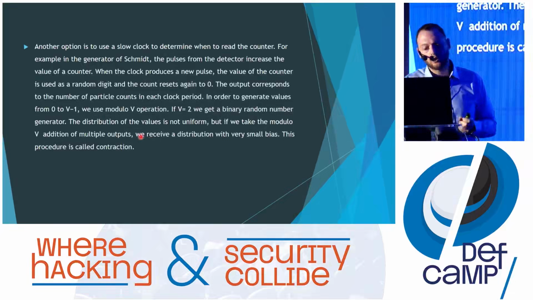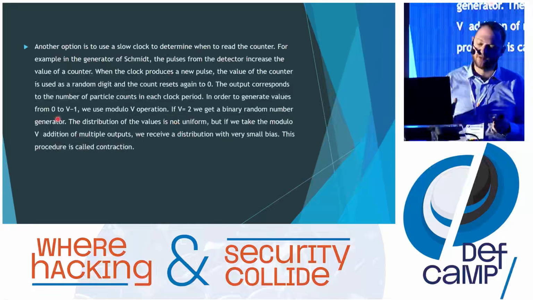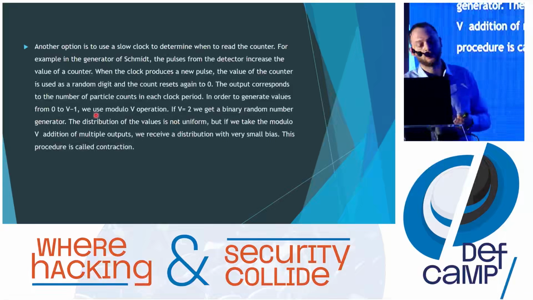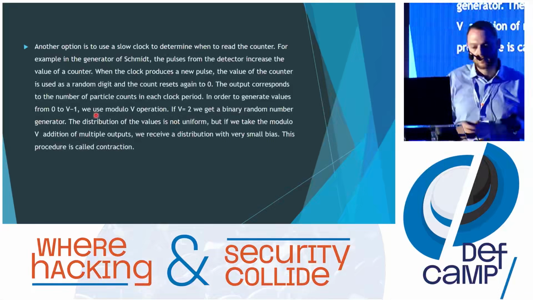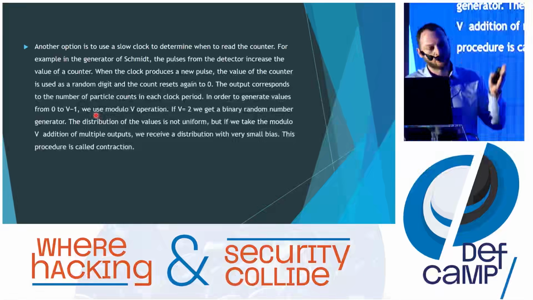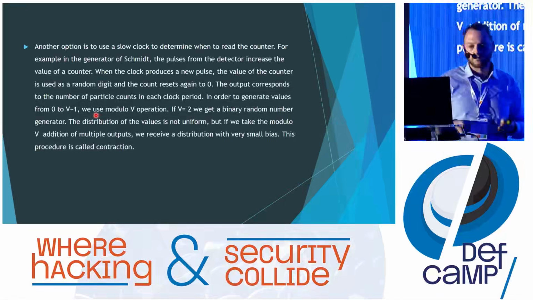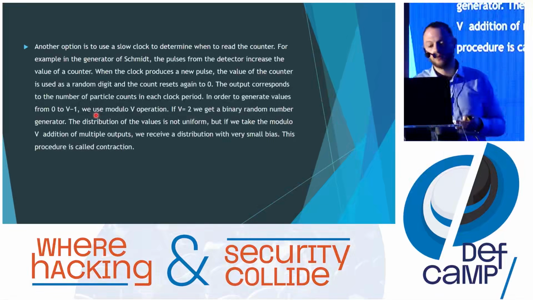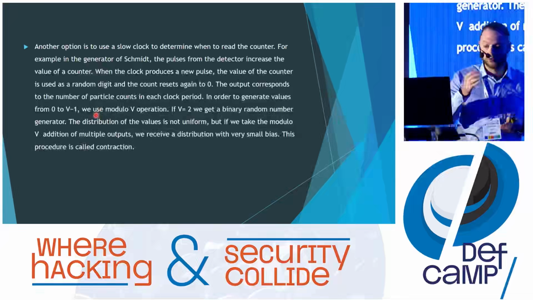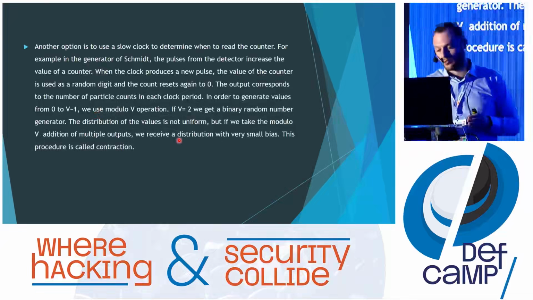If we must get values from 0 to v minus 1, we just use the modulo v operation. If we use v equal to 2, we get binary output, so we can get 0s and 1s. Of course, in this case the distribution is also not uniform, but when we use the mod operation, we get only a very small bias.